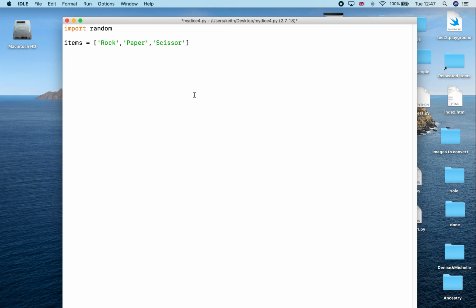Now, the rules of the game that I kind of understand, let's make some comments in my program. The rules are that if I've got a rock, that blunts the scissors, so the rock wins there. If I have got scissors, that cuts paper, so the scissors win.